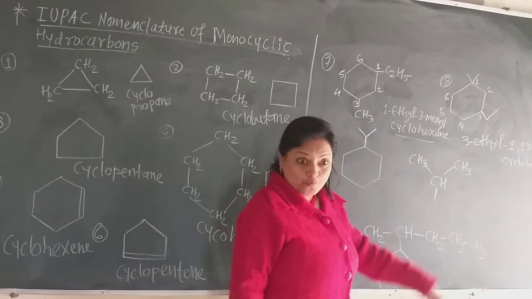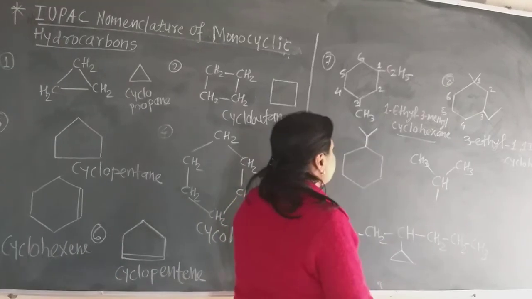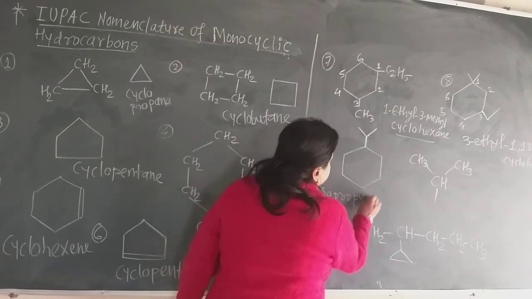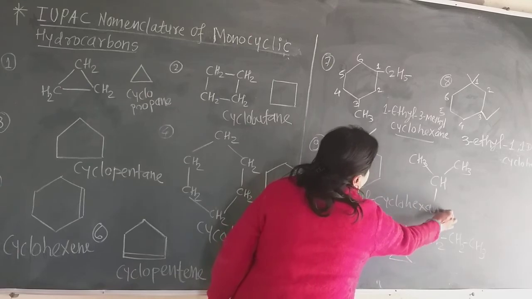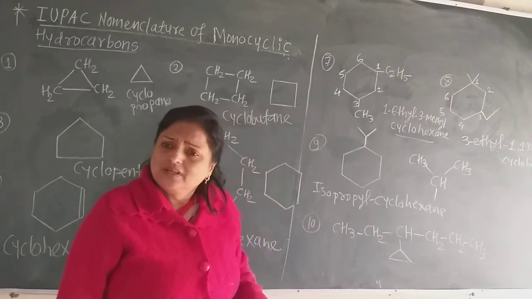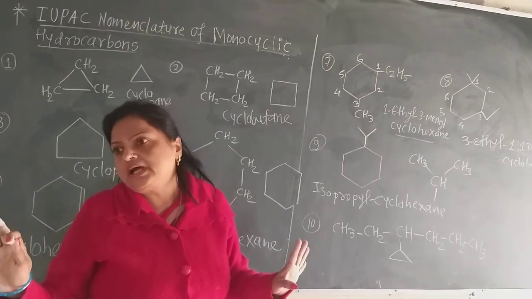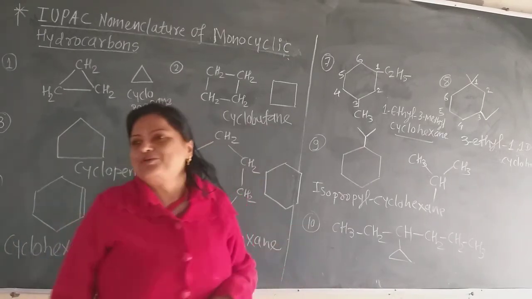Remember that this is the isopropyl group. So the name of this compound is isopropylcyclohexane, because numbering is not required here, because there is only one alkyl group. If there is only one alkyl group, do not give numbering to the carbon of the ring. Okay, now see this next compound.